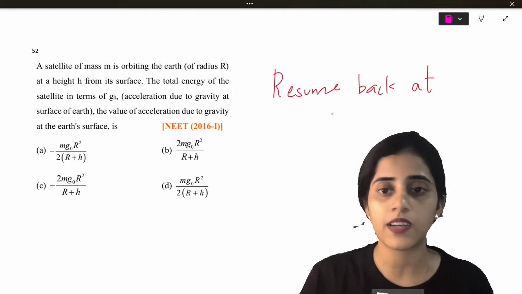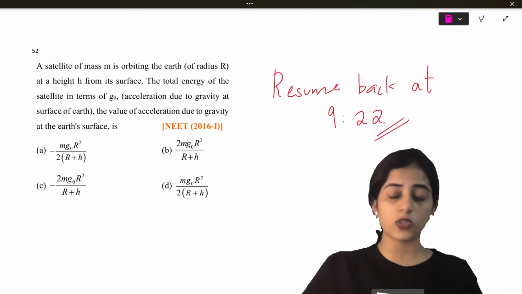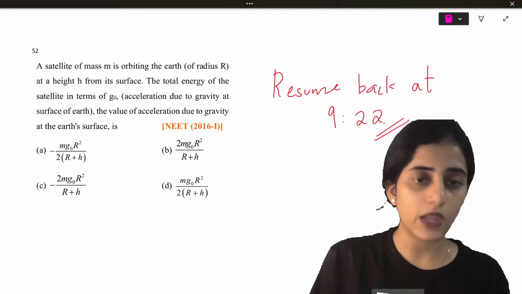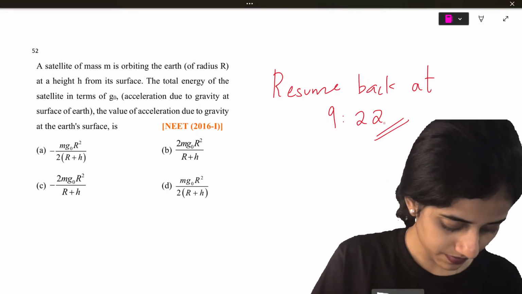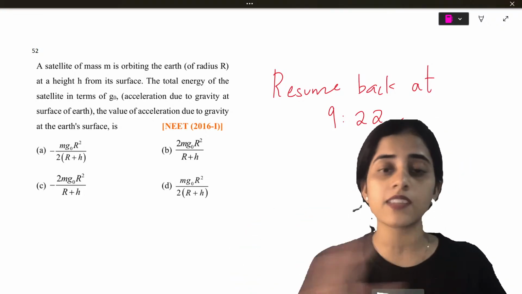So at what time? 9:20. No, 9:22. We'll start quickly because I want you all to go to sleep early today. I have to finish very fast. So quickly go eat something, take rest and come back fast.